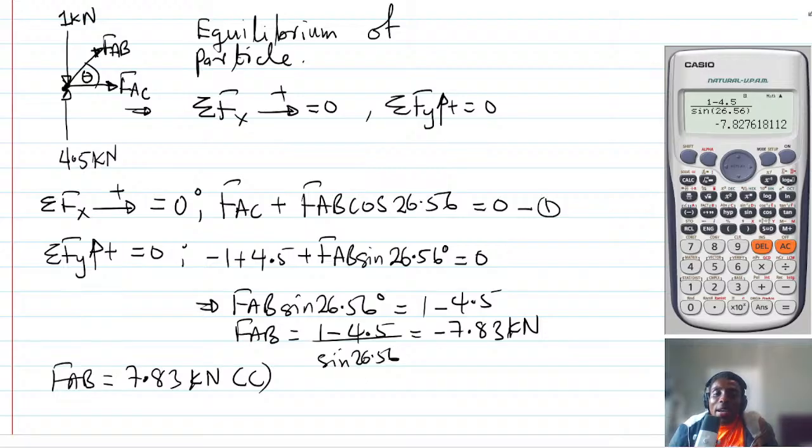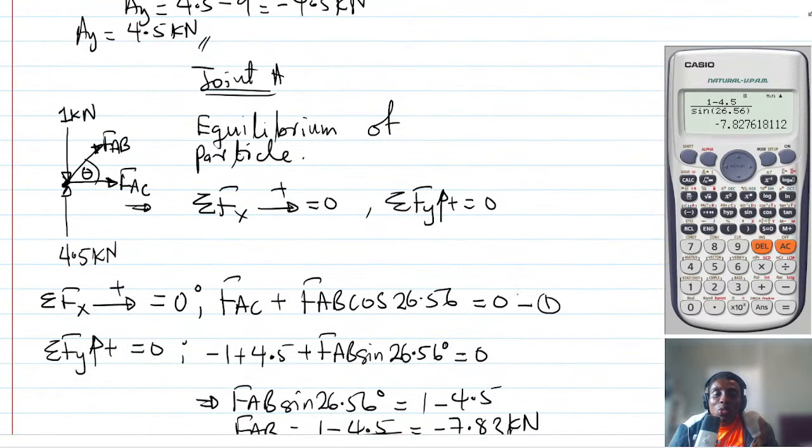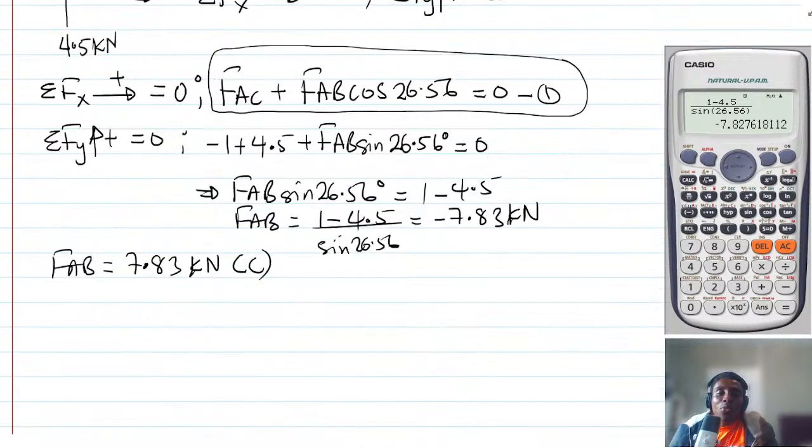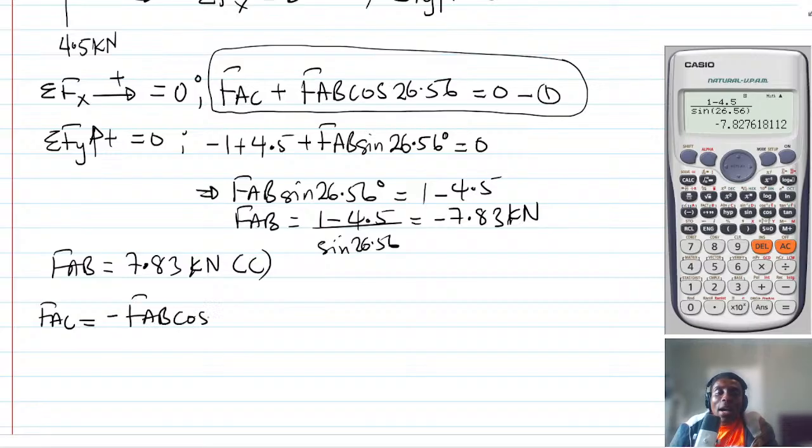Then you go back and substitute FAB into this equation to get FAC. Okay? So FAC would then be minus FAB cosine 26.56. That is going to be minus minus, so it's going to be plus 7.83 cosine 26.56.